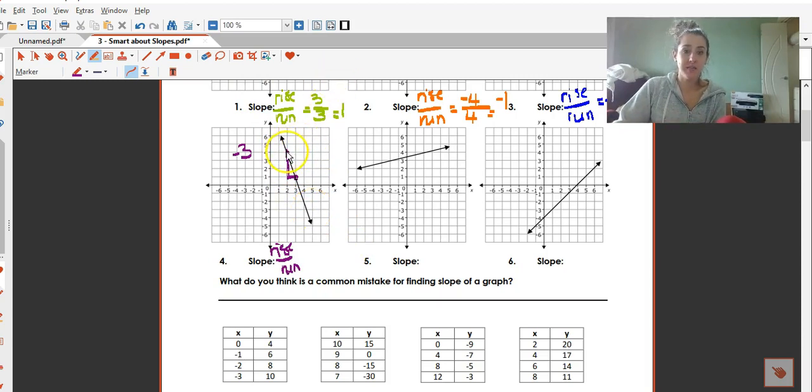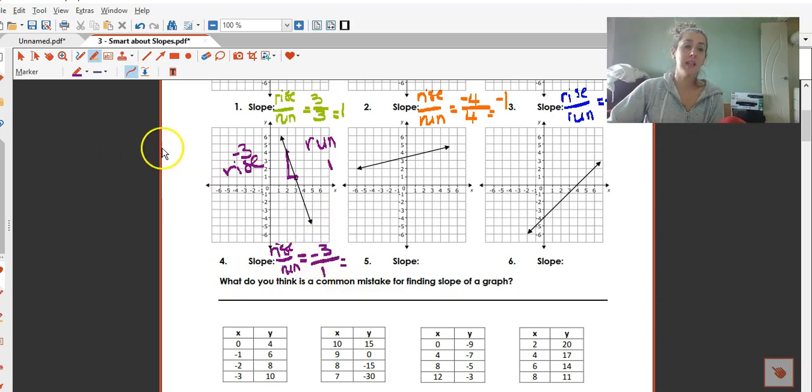As you can see, I've had to go down 3, so it'll be -3. That's my rise. And my run is 1. So rise over run, I've got -3 over 1.